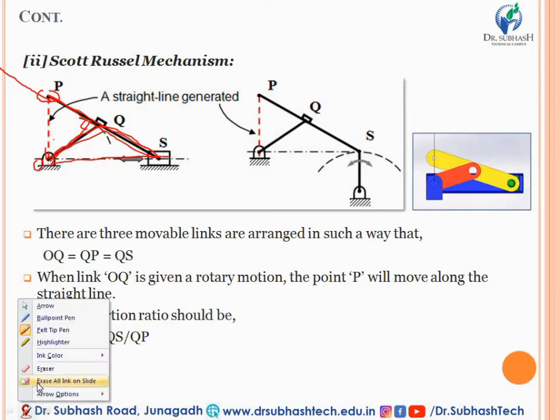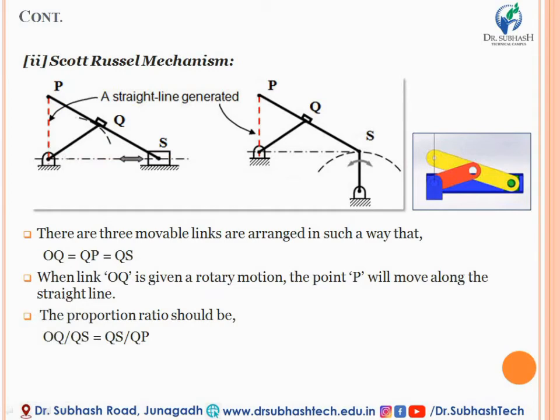First of all, you have to rotate the link that you have been given. If you rotate this link in any direction, either clockwise or anti-clockwise, this point P will move in an upward or downward direction as per the rotational direction you have given to the crank OQ.